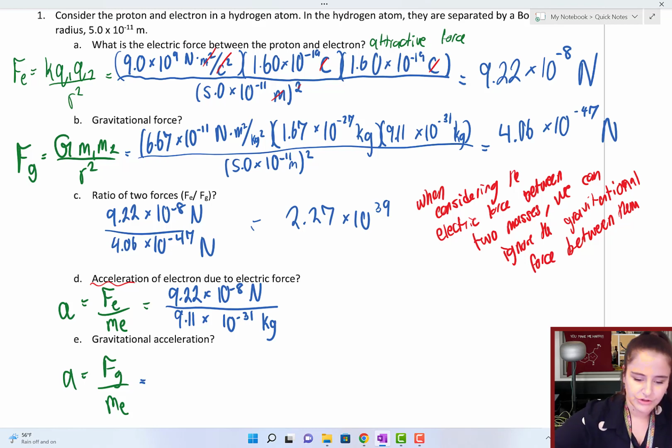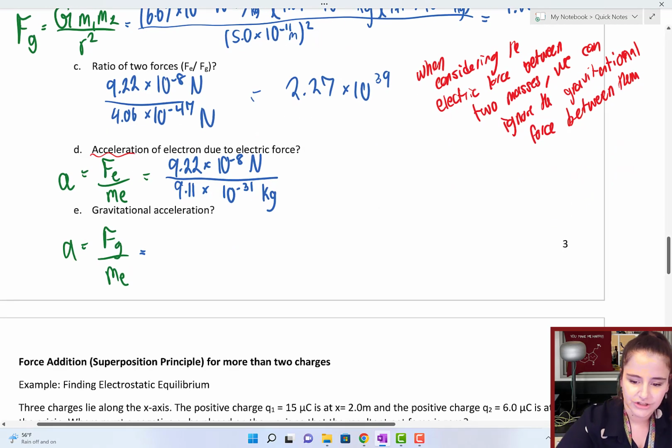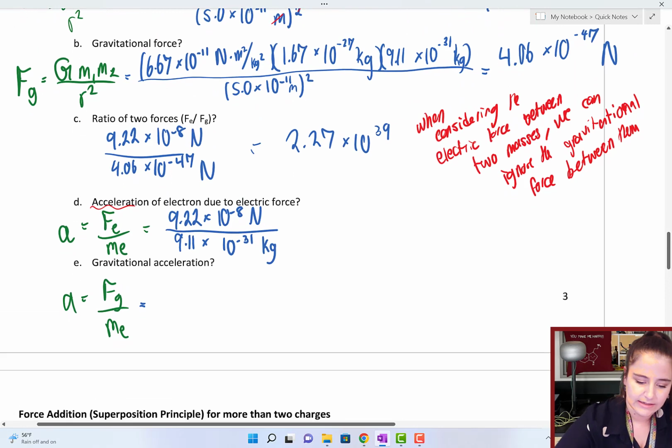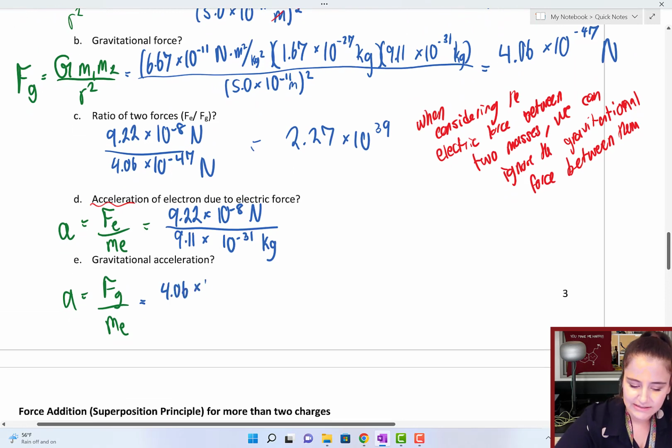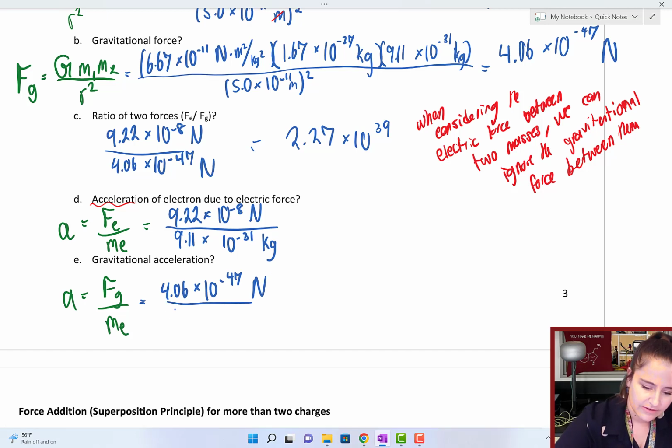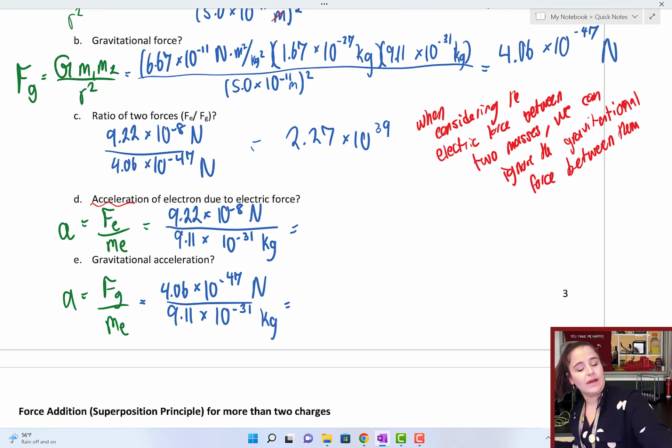And we'll compare that to the gravitational acceleration, which is 4.06 times 10 to the negative 47 newtons divided by 9.11 times 10 to the negative 31 kilograms. So let's go ahead and calculate those out.